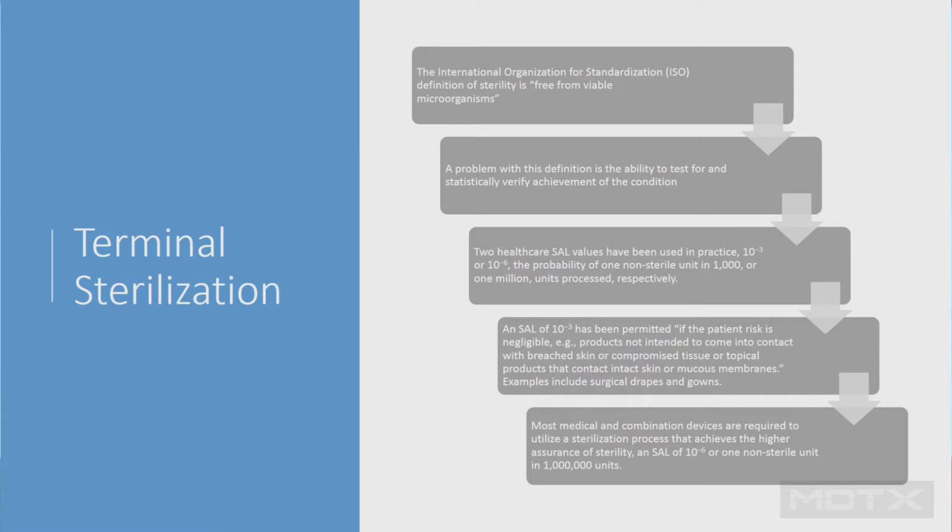Thus, sterility assurance level has been developed. Basically, there are two values that are primarily used within the medical device industry: SAL levels of 10 to the negative 3 and 10 to the negative 6.